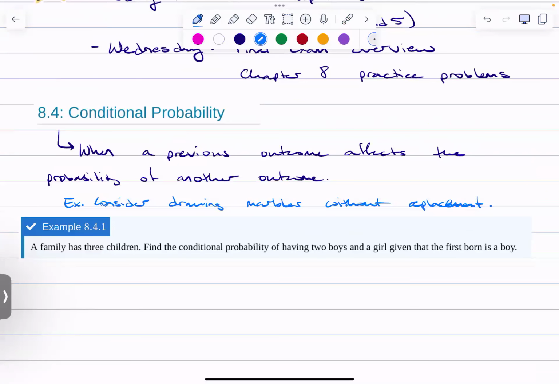You can also call this conditional probability, that is what we call them, but it might be helpful to think of them as dependent probabilities. The probabilities depend on another outcome, or another probability.